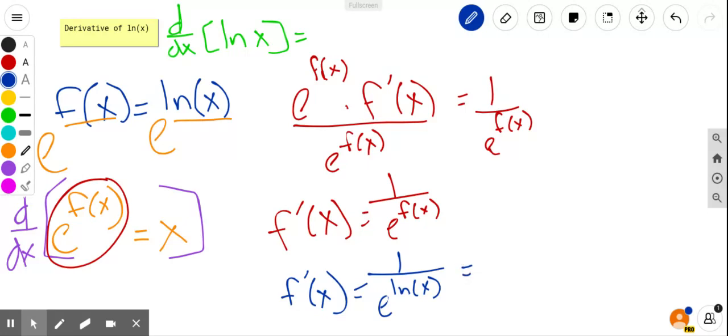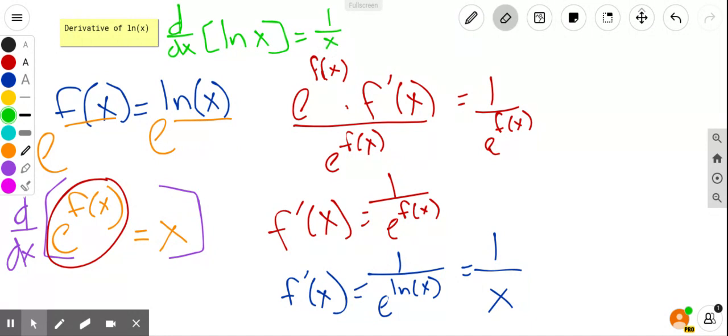And just like what we did before, the e and the natural log are inverses, so they'll cancel out, and the only thing I'll be left with in the denominator is the x. And there's my proof. So to summarize, I can say that the derivative of natural log of x is 1 over x.